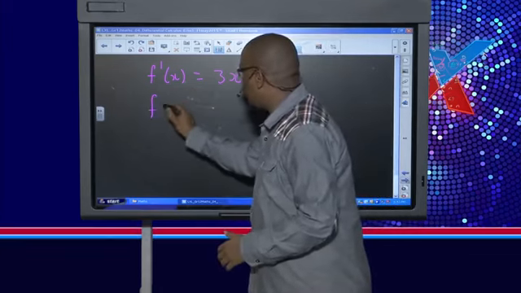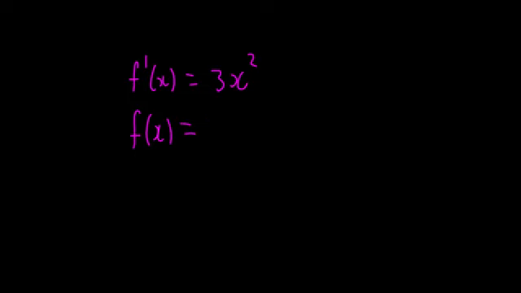So it was f of x equals, because what you did is you multiplied, so you're going to divide and then add the exponent. So this was your 3x to the 2 plus 1, all divided by the new exponent, which is 3. So that was your x cubed. Now, this is the original function.